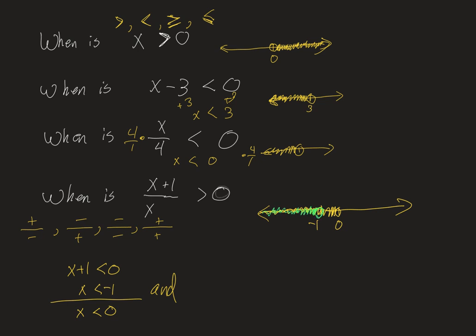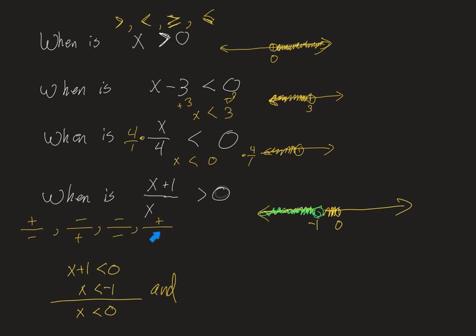So I'm going to go ahead and remake that into an open dot. It's an open dot at negative 1, because at negative 1 it wasn't shaded the first time, but it was the second time. So this green zone, that's where they are both negative. And when they're both negative, I will have a positive number.